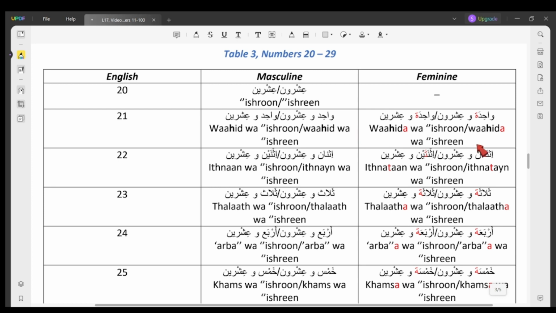And the feminine version would be واحدة وعشرون or واحدة وعشرين. Now 22. اثنان وعشرون or اثنين وعشرين. And the feminine اثنتان وعشرون or اثنتين وعشرين.